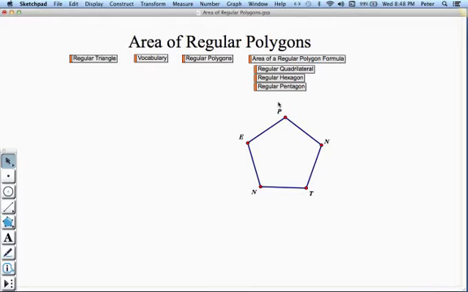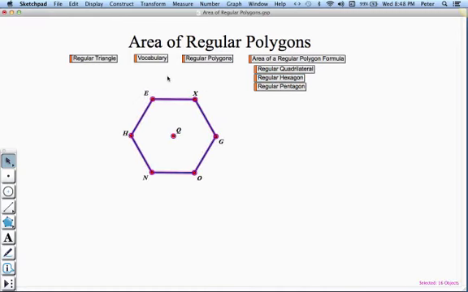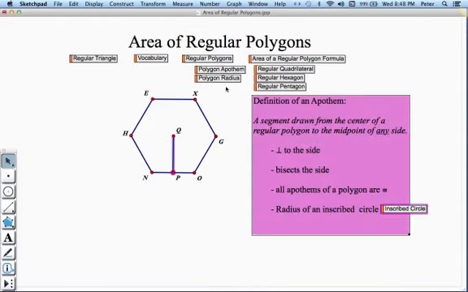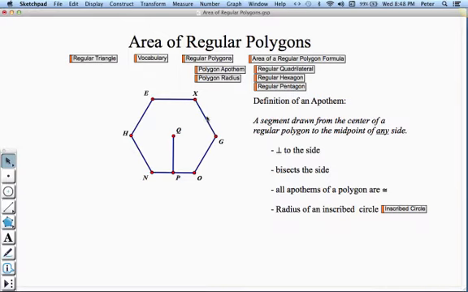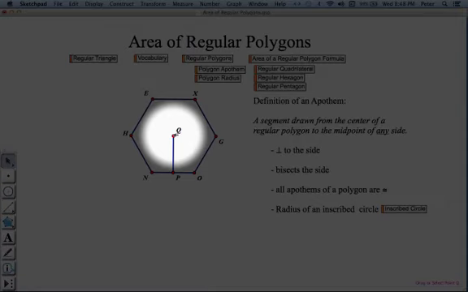All right, now let's get into two important terms when talking about a regular polygon, that being a polygon's apothem and the polygon's radius. Let's talk about the apothem first. An apothem is a segment drawn from the center of a regular polygon, and only a regular polygon.